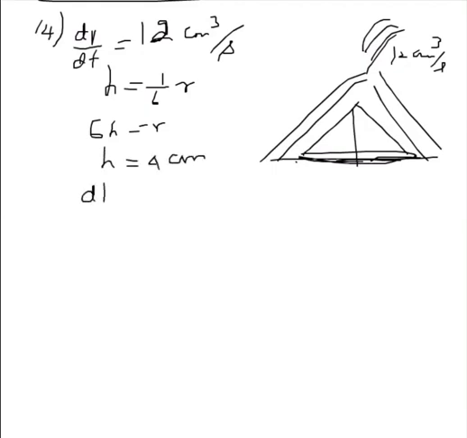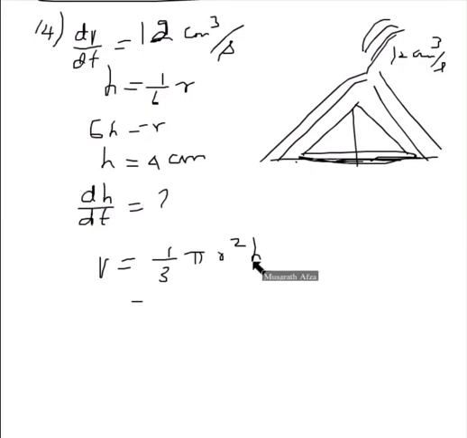So we have to find dh by dt. Let us use the volume of the cone formula, 1/3 pi r square h. Don't make mistakes in the formulae, memorize them properly. Now we have two variables. We can do it with two variables, but you will have dr by dt, which we don't know. Substituting and changing it in terms of one variable will be better.